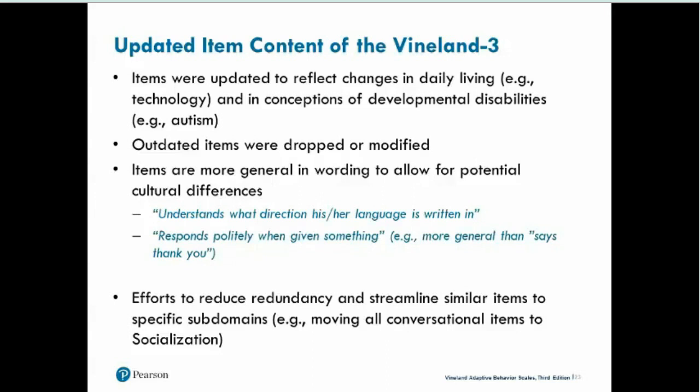This is more general than "says thank you." Saying thank you may or may not be the cultural preference. So a more general question is used instead. Another example, we know that eye contact, for example, differs for various cultures. So the question is more general, "maintains culturally appropriate eye contact during social situations."